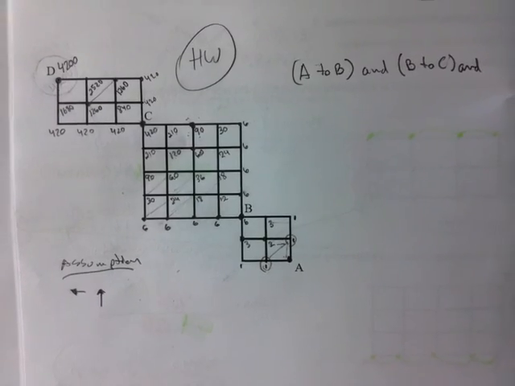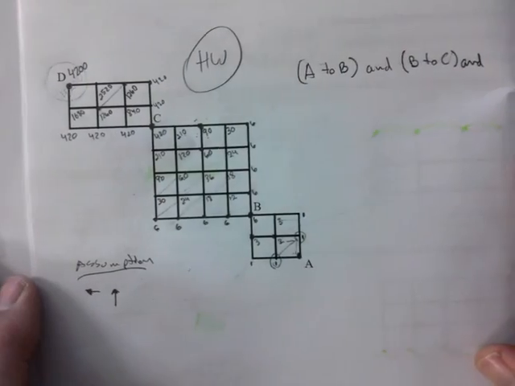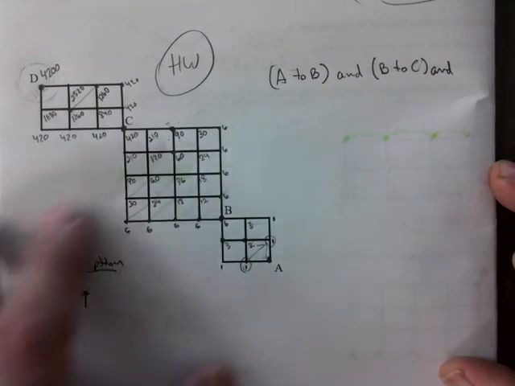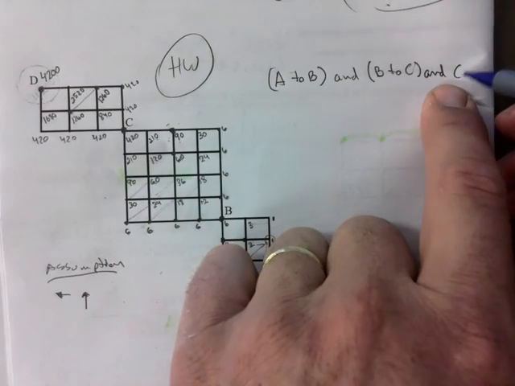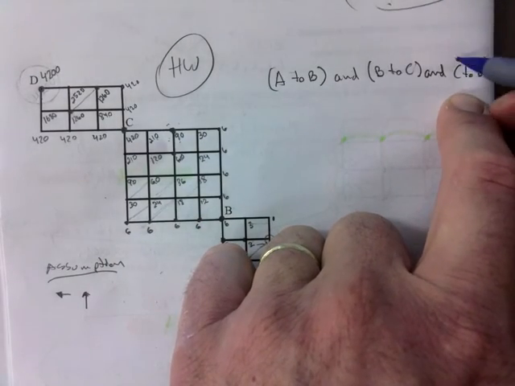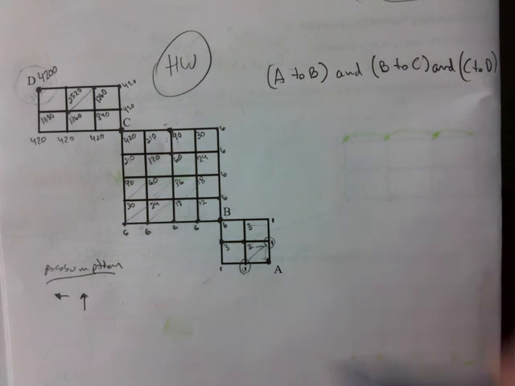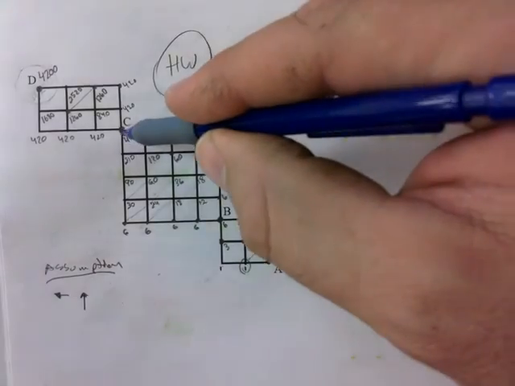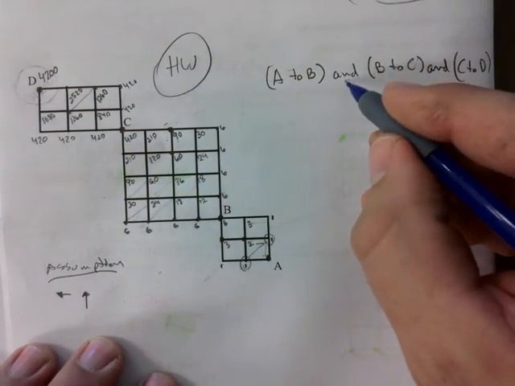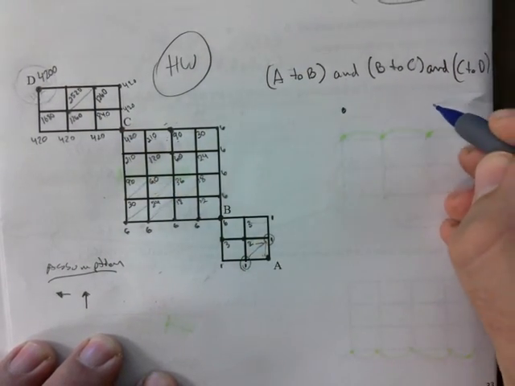So I'm going to zoom out a bit here so you can see this part. And C to D. Okay. So these are AND. You have to go from here to here, and from here to here, and from there to there. And in math that is times, right?